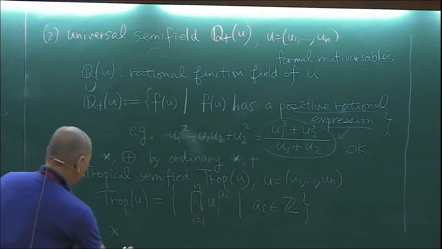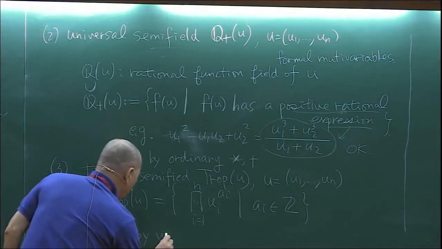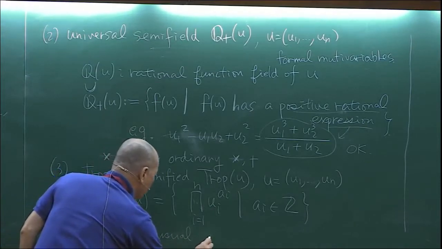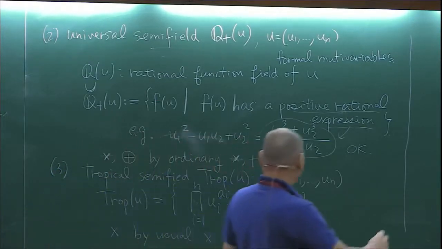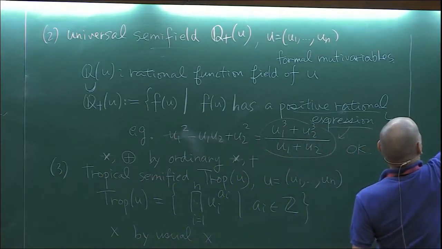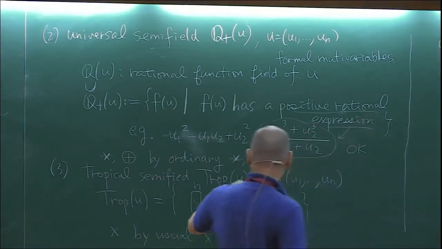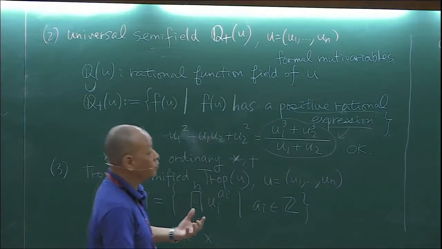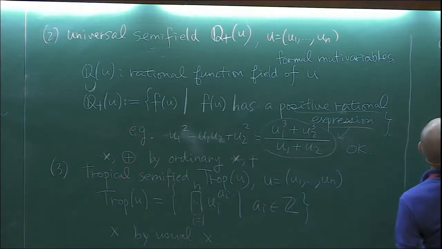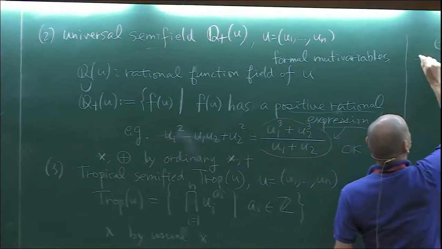But so by usual multiplication. Here, if you define this, then that's not good because then we have 2 terms. So we need some special operation, which is called tropical sum.